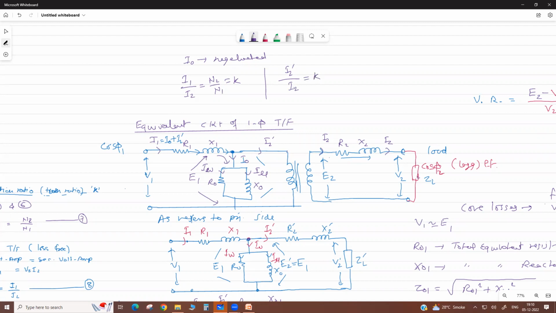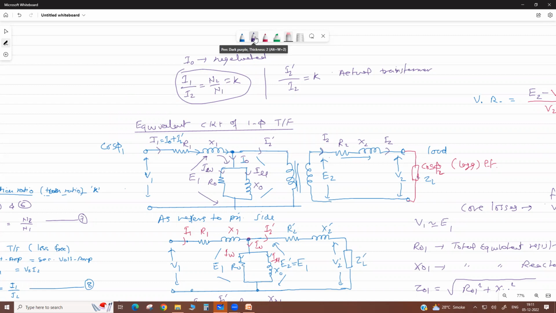equals to K. This is for actual practical transformer, but this is in ideal case. We neglect the I0 in this case. Okay, this is for ideal, because we assume it when we calculate the turn ratio. Is it I2 dash by I1, sir?